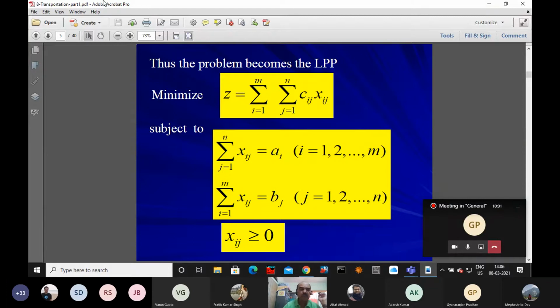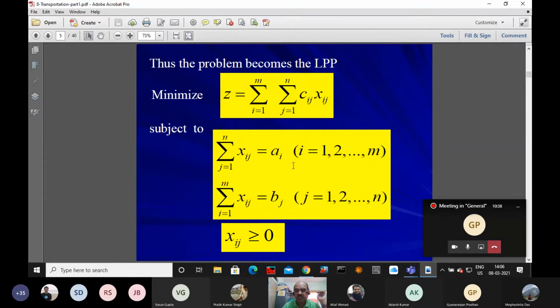Minimize the objective function z, which is equal to the double summation over i from 1 to m and over j from 1 to n of Cij Xij, subject to the source constraints for the availability, that is, the summation over j from 1 to n of Xij equals Ai, i varies from 1 to m.